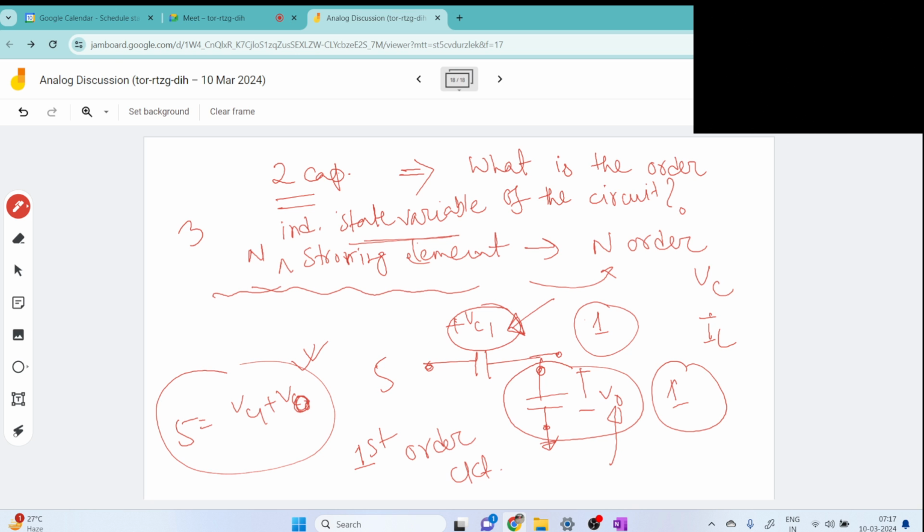If we have 3 capacitors, the maximum order can be 3, but due to the circuit topology, it can be lower as well.